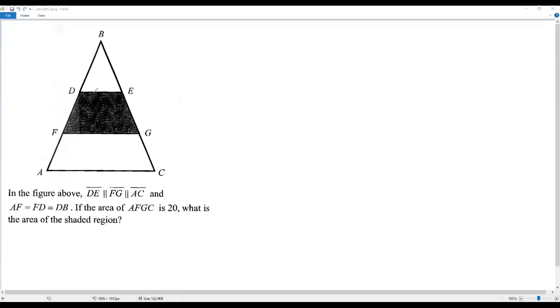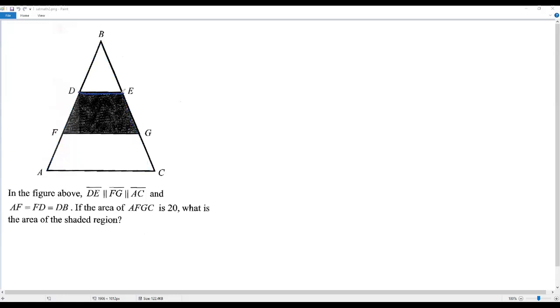Here, whenever we have two parallel line segments inside a triangle, and those parallel line segments are parallel to one of the sides of the triangle, then these two parallel line segments divide the triangle into similar triangles. So the smaller triangle FBG is similar to the other smaller triangle DBE, and these two smaller similar triangles must be similar to the original triangle ABC.